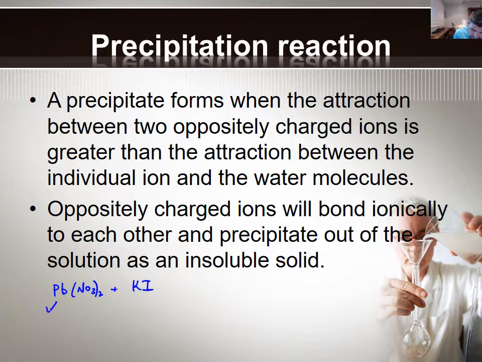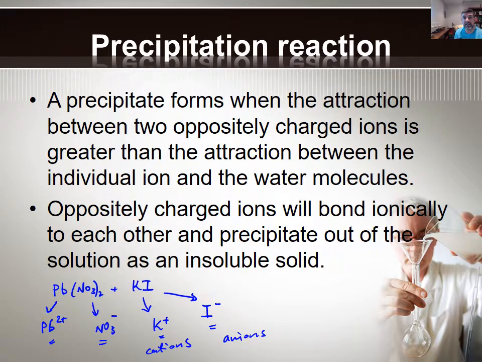Now when you do this, you have lead ions, which are a cation, nitrate ions, which are an anion, potassium ions, which again are a cation, and iodide ions, which again are an anion. So we have two species which are anions and two species which are cations.